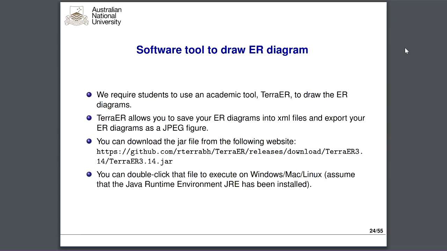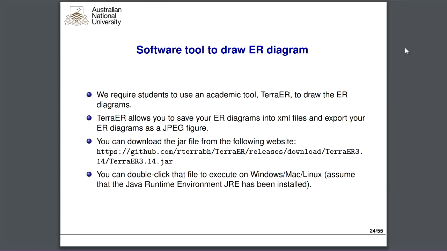So there's software to draw the ER diagram. You can download and practice. Basically this software is just to help you draw, instead of drawing these pieces on paper. You can just use a computer software program to do that. So you can try to draw the diagram from this software, TerraER.